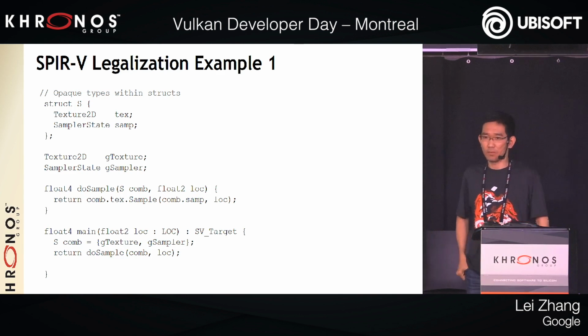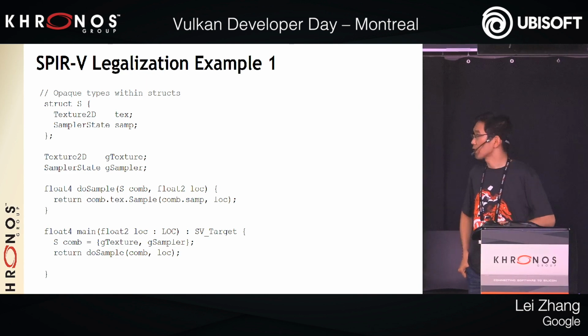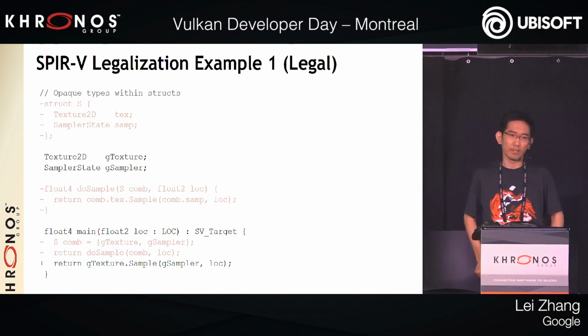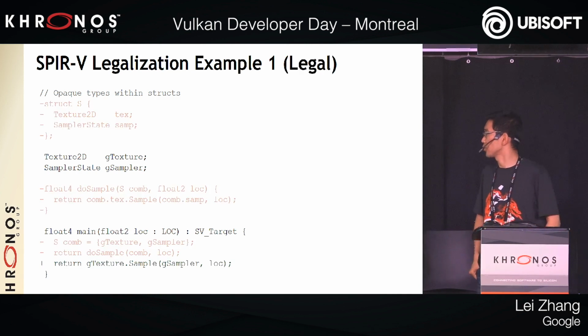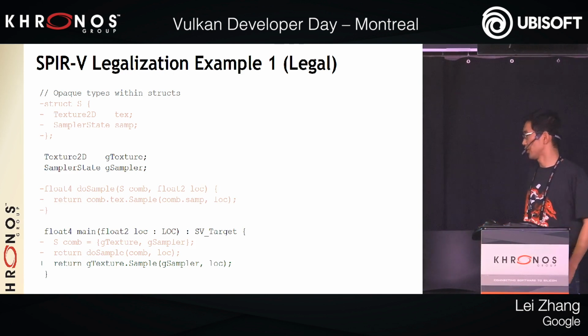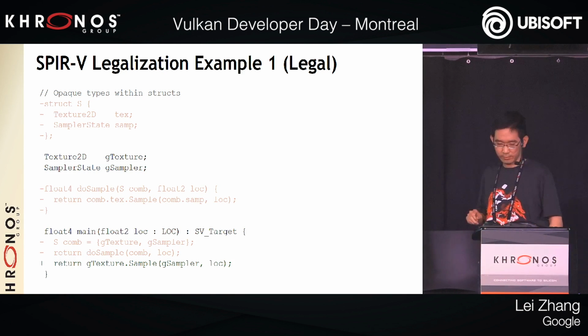Vulkan does not allow writing to opaque types right now, at least. So we must apply standard compiler optimization transformations to remove the struct and also the function call and do the operation directly on the global resources. Then the driver is happy.